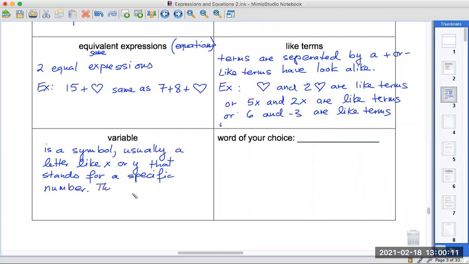The same symbol means the same number. So if I use the symbol heart and heart, it has to be the same number in the same problem.